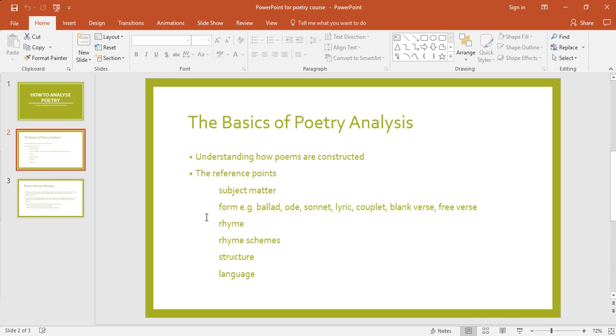A really important thing when analysing a poem is to think about language. These points that we've touched on do also touch on language, but under the language category, you're more thinking about alliteration, metaphor, simile, imagery, and how those contribute to the poem.